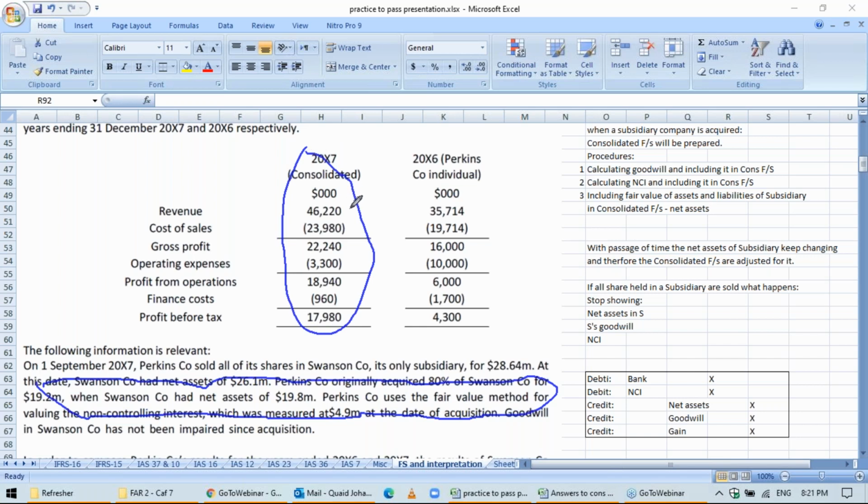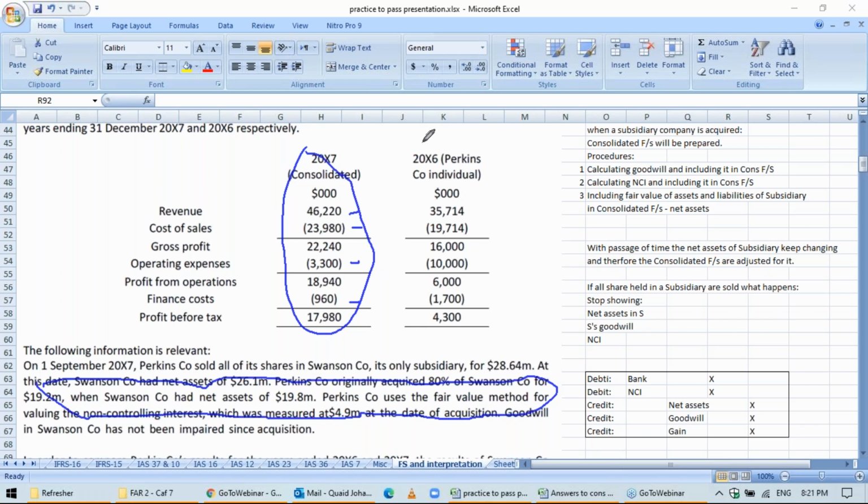So they have not separated the figures from here. The discontinued operation figures have not been separated from these figures. So you have to separate it and show the continuing operation separately, meaning the Perkins own operation separately, and the subsidiary operations after the net profits from the continuing operations, then we'll add separately to it.